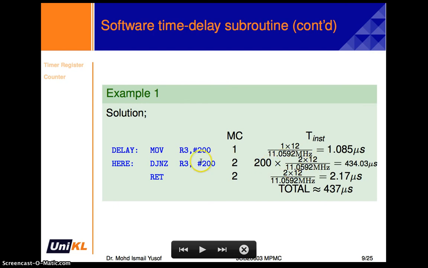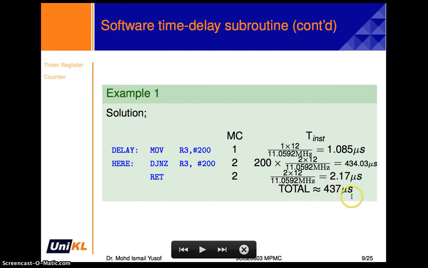However, it does this line 200 times, so we multiply by 200 and get 434.03 microseconds. Return takes 2 machine cycles, so 2 times 12 divided by 11.0592 equals 2.17 microseconds. Totaling all three results, we get 437 microseconds.